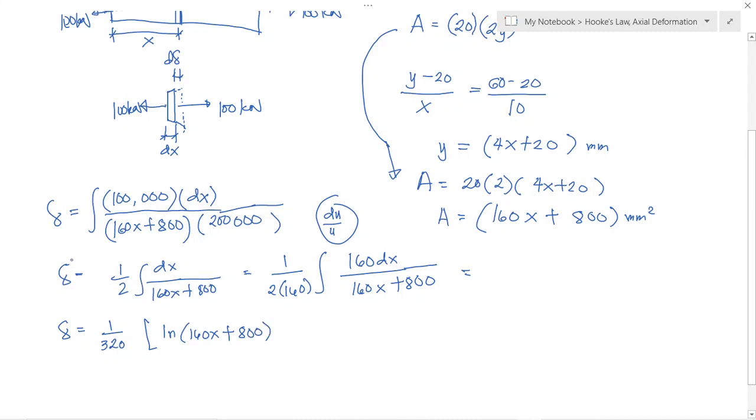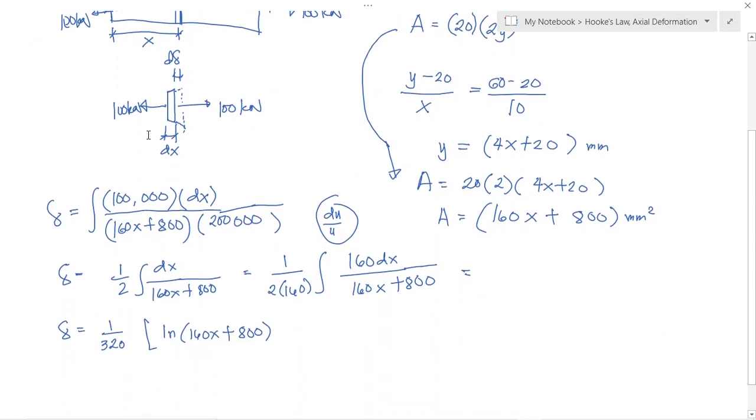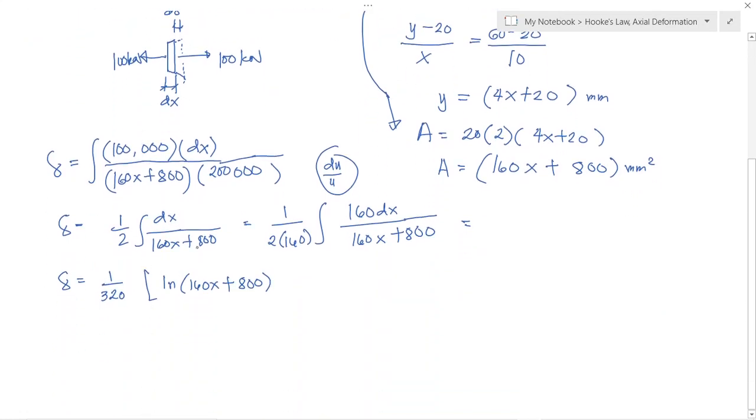The limit is from 0 to 10. Kasi, y from 0 to 10, nag-consider lang tayo ng elements. So, yan class, yung length na 10 meters is composing of different elements. Pag i-consider mo na yung whole member, magsasum up ka na lang. And the limit is from 0 to 10.